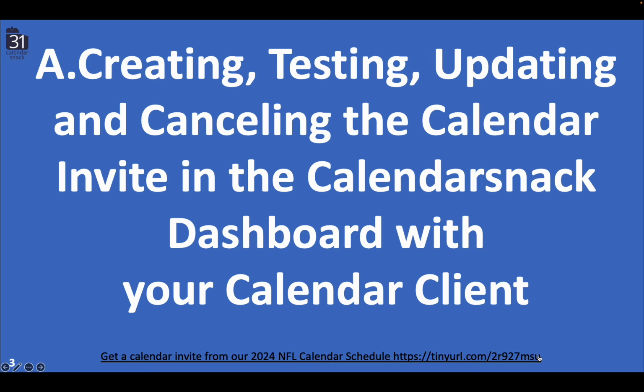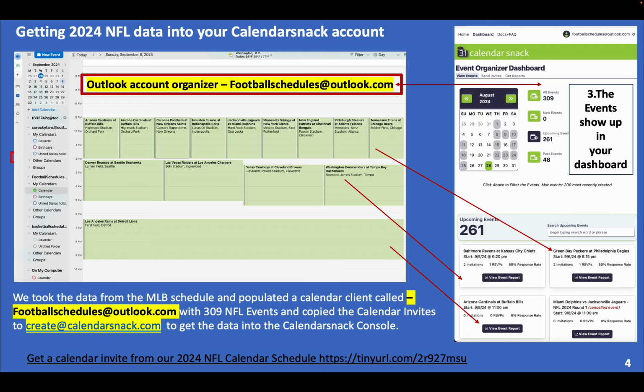So the calendar client, metaphorically here today, is a CRUD device. So we create, update, delete, and read the calendar data inside AWS with this dashboard we've built in Vue.js called Calendar Snack. But the Outlook or Google client is the data injection point and how you get data in.